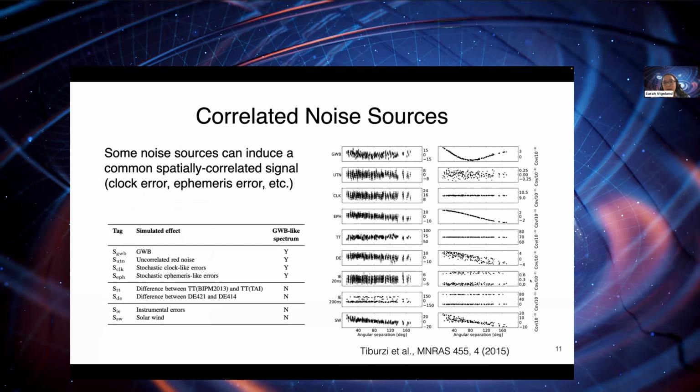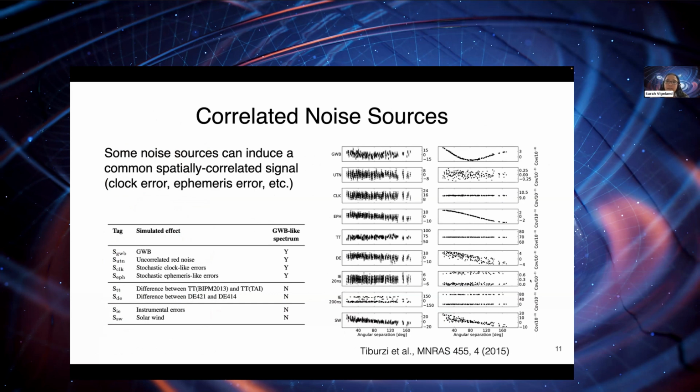But gravitational waves aren't the only sources of a correlated signature in our data. Some noise sources can induce correlated signals. Some noise sources also induce common red noise, but they don't induce any kind of correlations. The correlation on average is 0.